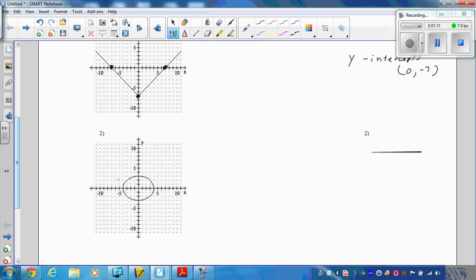Question number 2, same idea. Let's do the x-intercepts and the y-intercepts. The x-intercepts are negative 4, 0 and 4, 0. And again, the y-intercepts are on the y-axis.